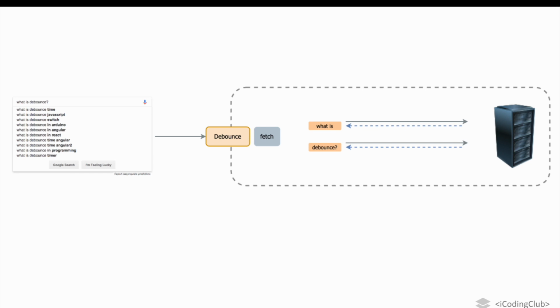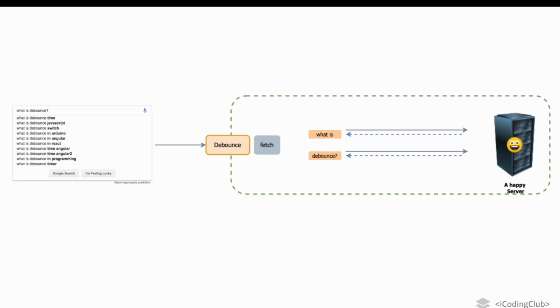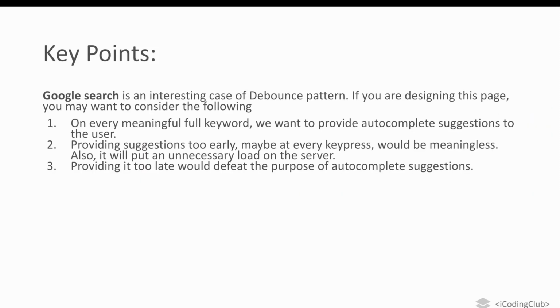Now, if you just try to understand this case study, there are a few things we can figure out, like not on every key press do we need to send the search token to the server, because if somebody's trying to type something like "what is", at this time it's not even a meaningful keyword, right?